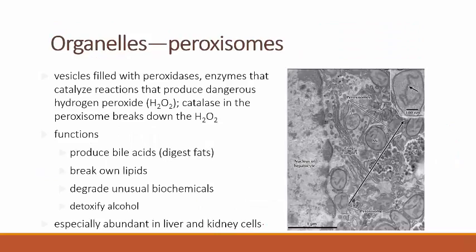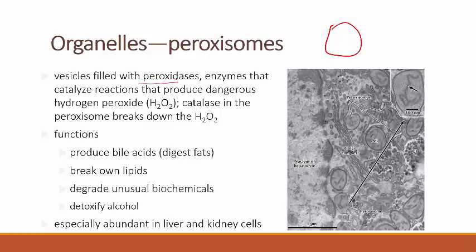Alright, so the next of the organelles are called peroxisomes. These too are vesicles, that is, they're just little membrane-bounded organelles that are filled with a kind of enzyme called a peroxidase.